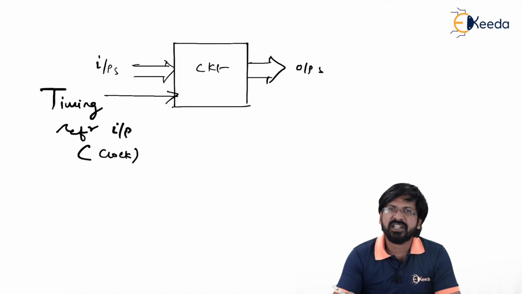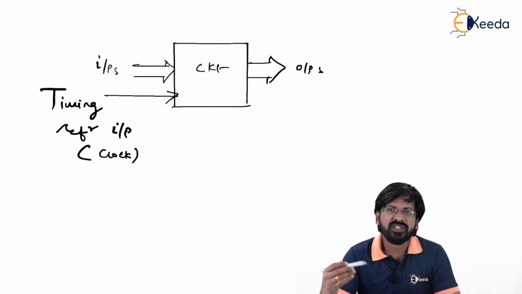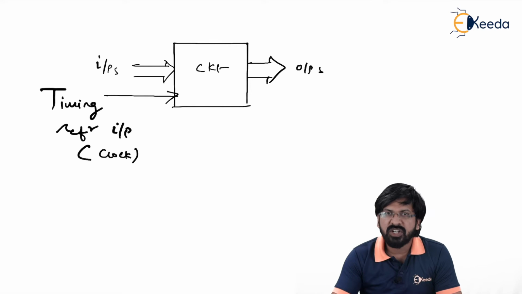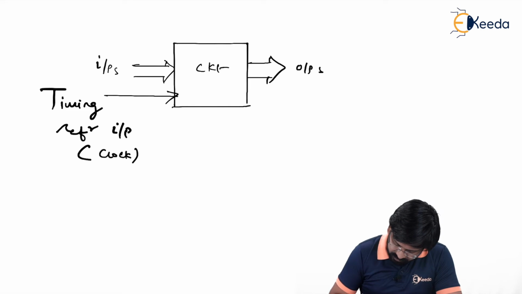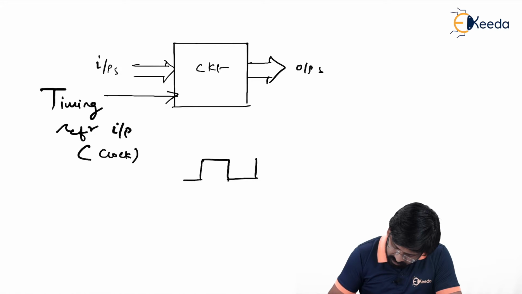So it is permanently VCC, so it is permanently 1. So there are two types of input you can apply, continuous 0 and continuous 1. And what if I keep on toggling between 0 1 0 1 0 1? That is nothing but switching between VCC and ground, VCC and ground, and this makes a clock. So a clock is a signal which will keep on switching between 0 and 1.